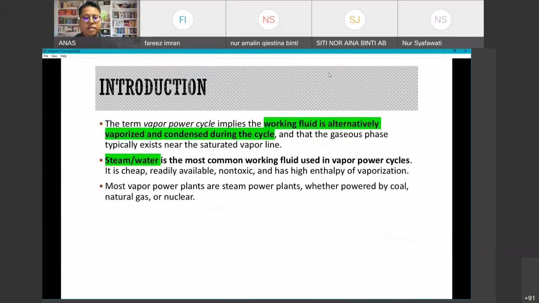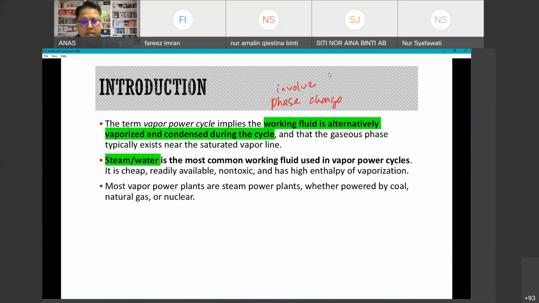As for the introduction, just to summarize, the term vapor power cycle implies that the working fluid is alternately vaporized and condensed during the cycle. This is what I meant by phase change. So it involves phase change. These phases typically exist near the saturated vapor line.